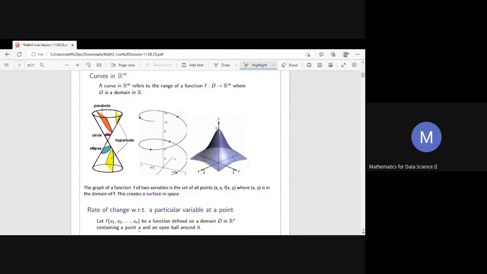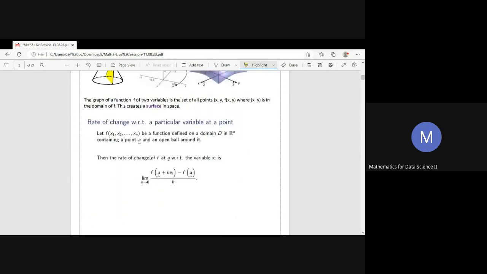An open ball is something like a sphere in R3 and a circle in R2, right? The set of all x in Rn such that norm of x minus a is less than R. So this is an open ball with center at a and radius R.